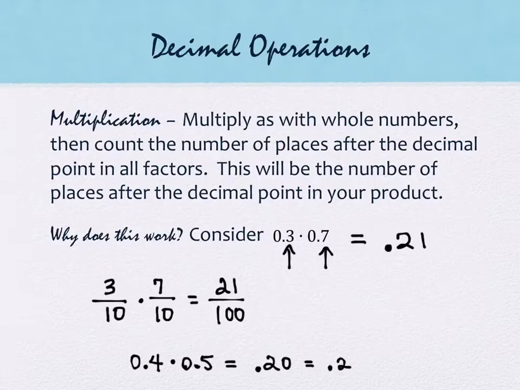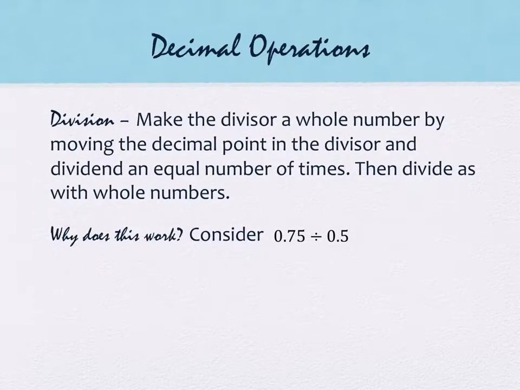All right, division. With division, we would make the divisor, that's the number we're dividing by, a whole number by moving the decimal point in the divisor and in the dividend an equal number of times, and then divide as with whole numbers.